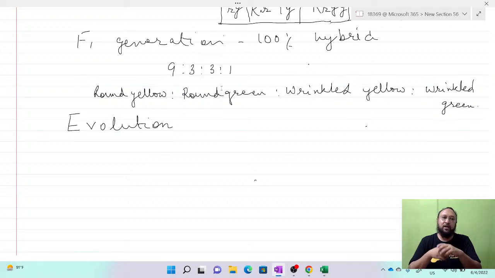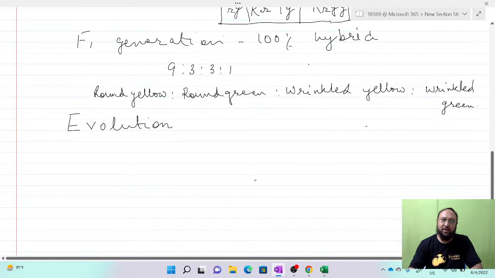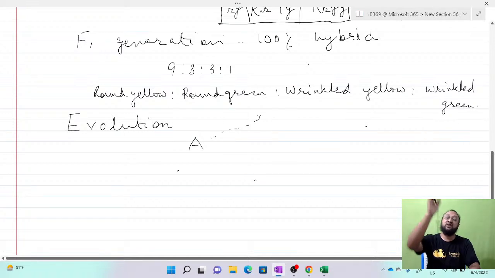Here a single evolutionary lineage splits up into two or more genetically independent lineages. For example, there is a species A. From species A, some group of members migrated and moved to certain places, and another group remained there.